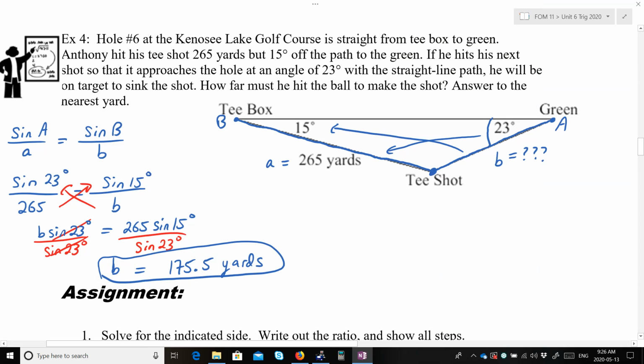Okay, so that's how far he must hit the ball to make the shot. Oh, it does say answer to the nearest yard. So 176 yards.